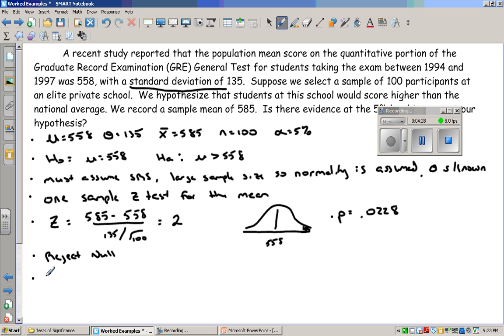So your conclusion should say, since p is less than alpha, we reject the null hypothesis.